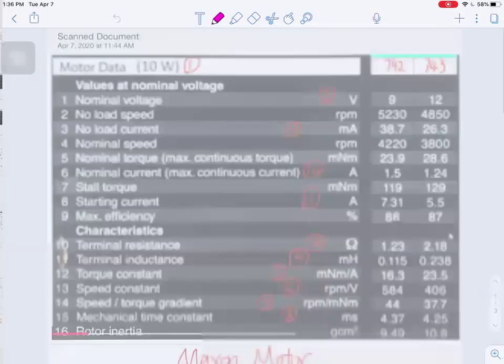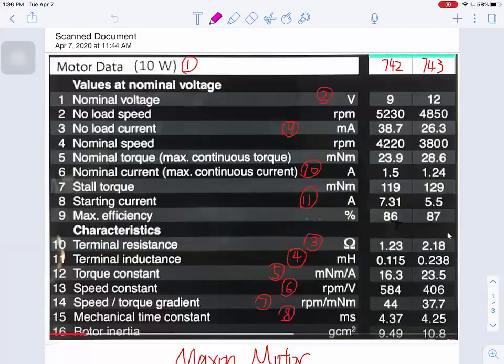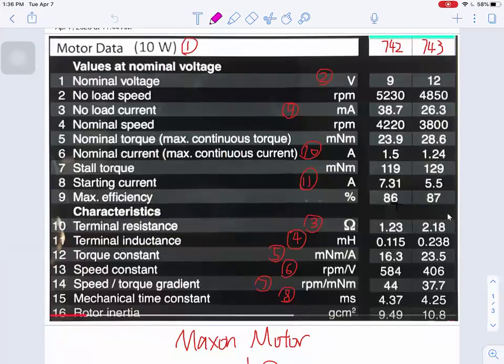So here I have a screenshot of the DC motor, and this DC motor is from Maxon Motor Company. It lists two different types of motor under the same nominal power, which is 10 watt, but this company offers two different configurations.